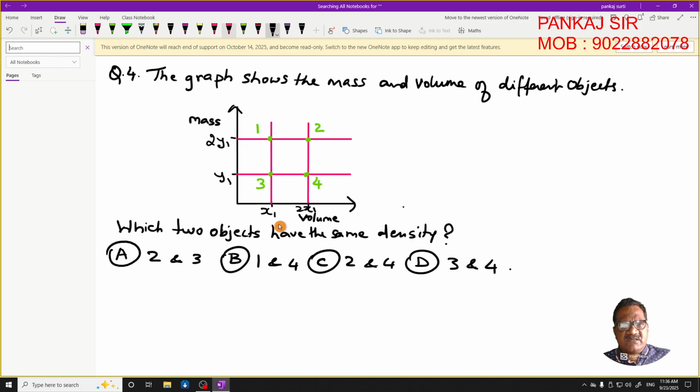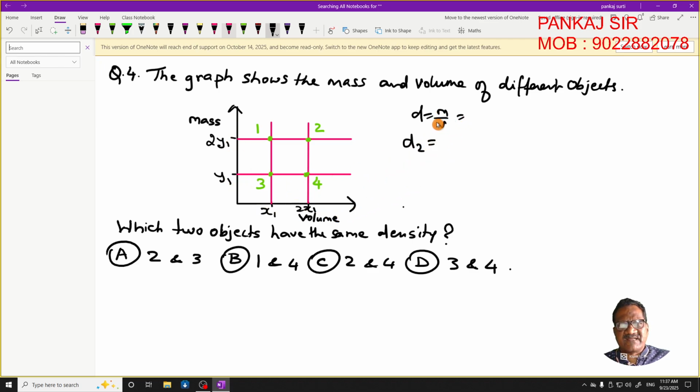So now let us try to find out the density of the objects. Suppose we want to find the density of object number 2. Density is given, in general, by mass upon volume. Your mass is on the y-axis and volume is on the x-axis.